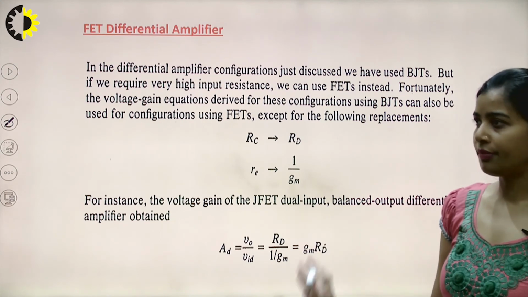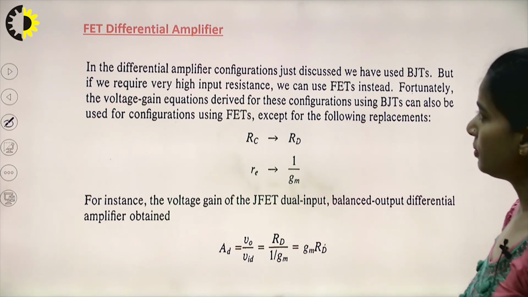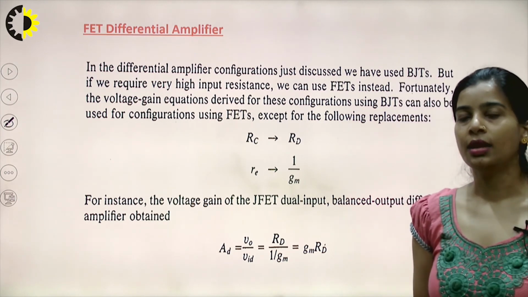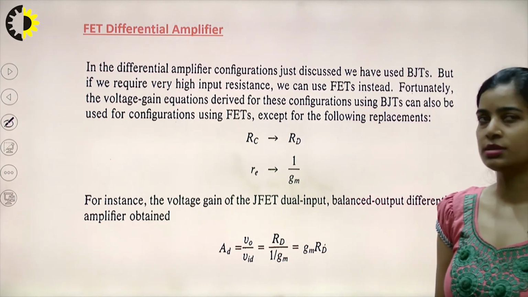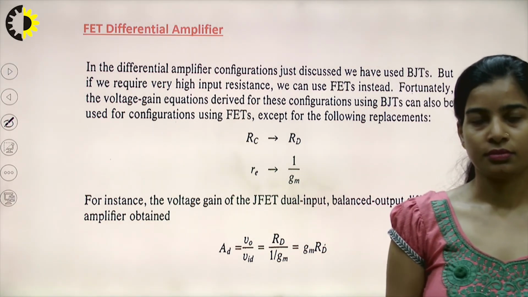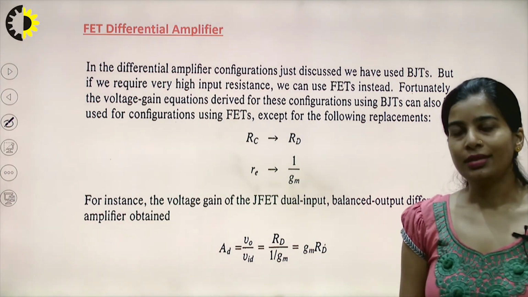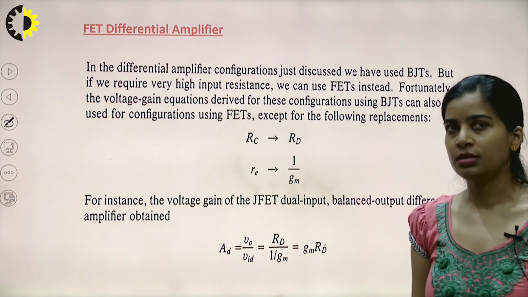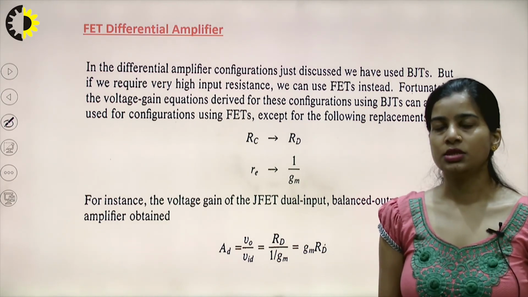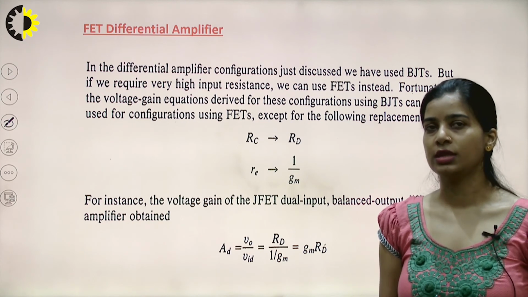Now, what we have discussed in this video and the previous two videos is the differential amplifier designed using a bipolar junction transistor. We can design this differential amplifier using FET also, that is field effect transistor. In the differential amplifier configuration that we have discussed, we need to make some changes to get the expressions and the circuit diagram using FET.